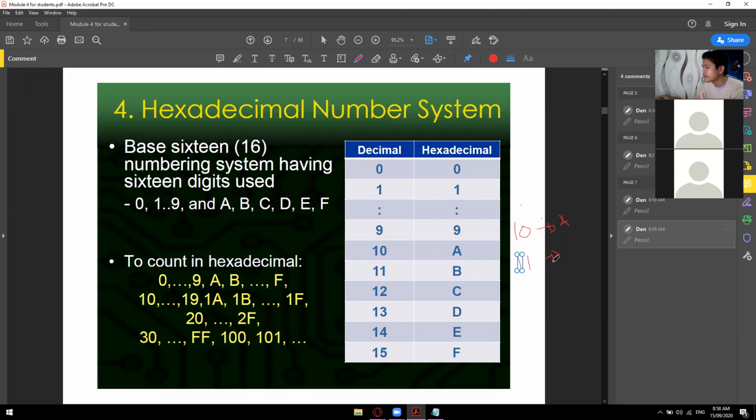So 11 natin, ang representation niya in hexadecimal is letter B. Ganun din sa 12, which is letter C, 13 is D, 14 is E, and then 15 is F. So incrementing lang yan by 1. Basta ang kabisaduhin nyo lang is kapag 10, dapat A na siya in hexadecimal. Pag 11 is B, and then 12 is C, and so on and so forth.